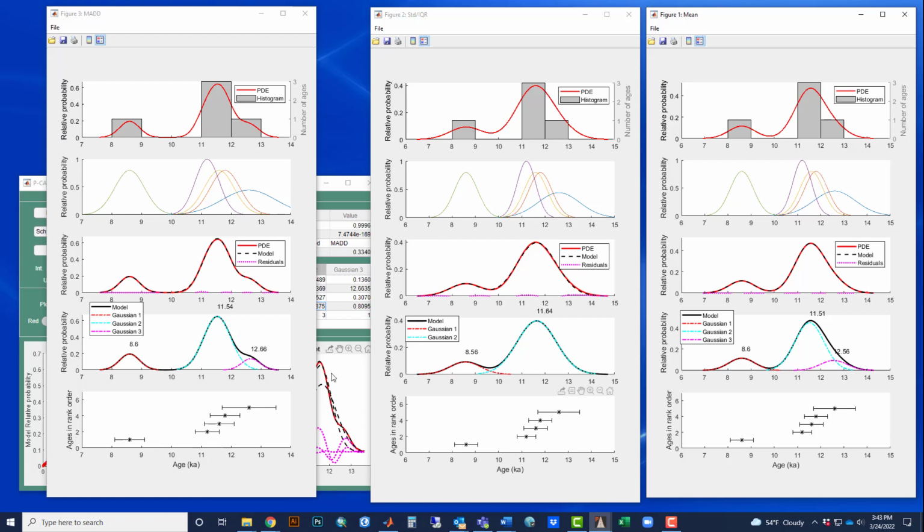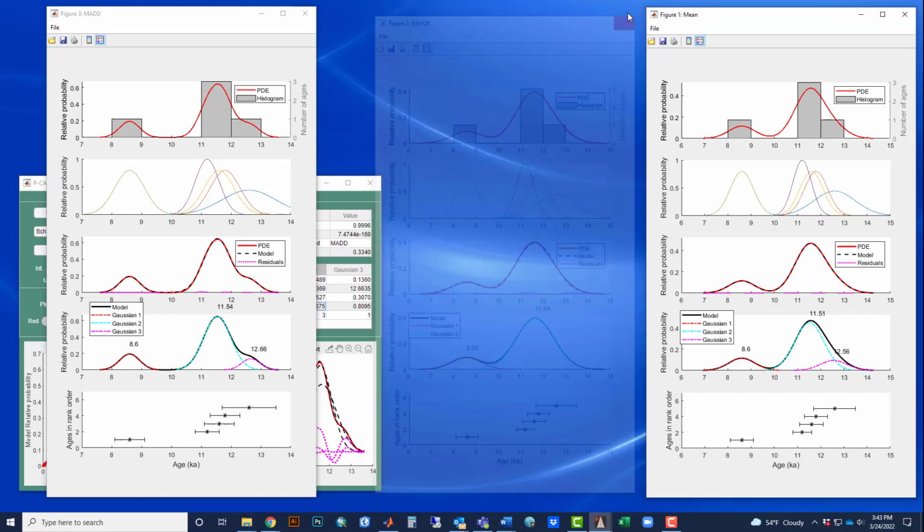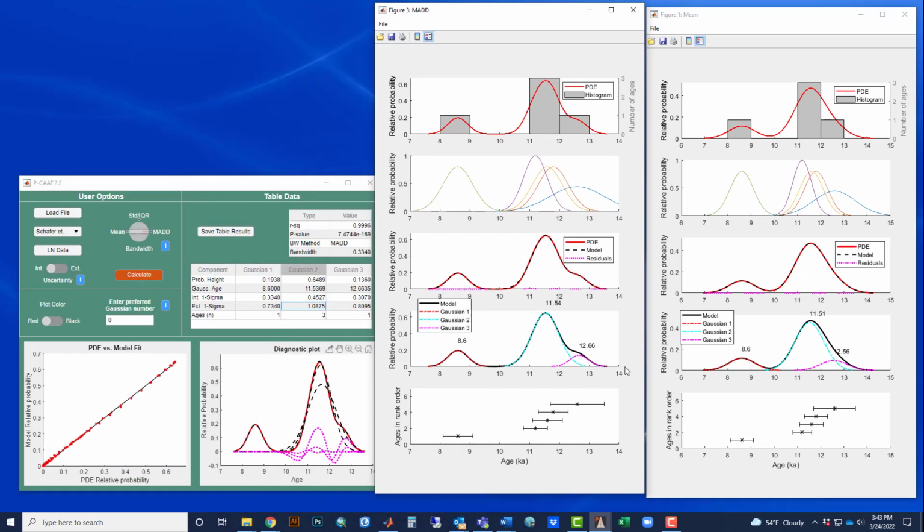But from an outsider looking at this, I would go for one of these 2 plots that dice up the probability distribution a little bit better. So I would get rid of the standard deviation and really consider these 2 plots, which are very similar. No real difference between the 2.